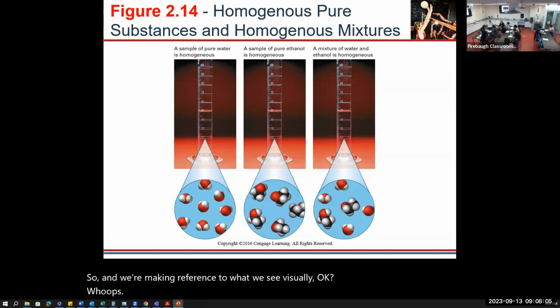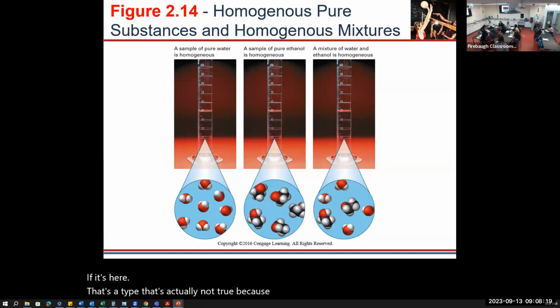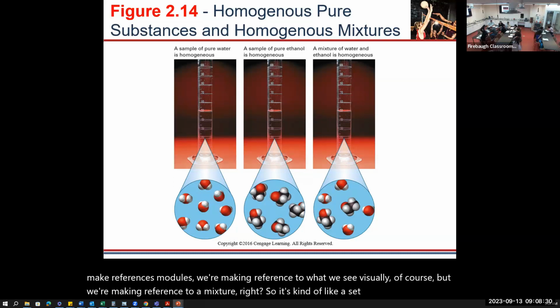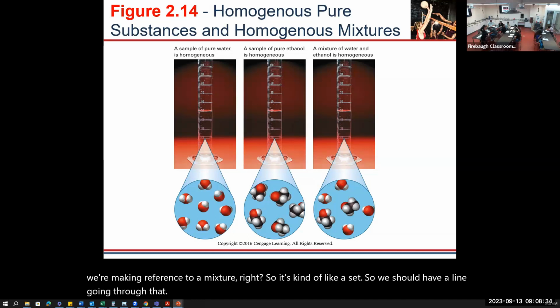So, in the first case, we have water. Is that homogeneous? Pure. Actually, that's a typo. That's not true because we're talking about a pure substance. When we make reference to homogeneous, we're making reference to what we see visually, of course, but we're making reference to a mixture, right? So we should have a line going through that. It should say pure.